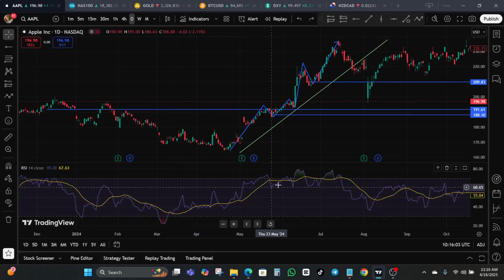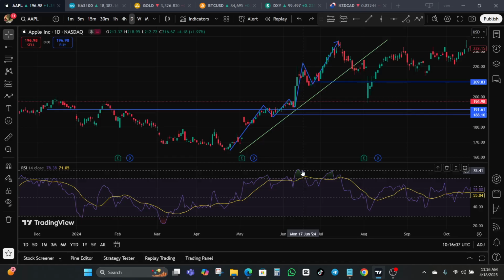Conversely, if the RSI is above 70, the stock is considered overbought, and a pullback could indicate the start of a larger decline. Now, by monitoring the RSI during a pullback, you can get a better sense of whether the stock is primed for a continuation of the trend, or if the pullback might turn into a full reversal.